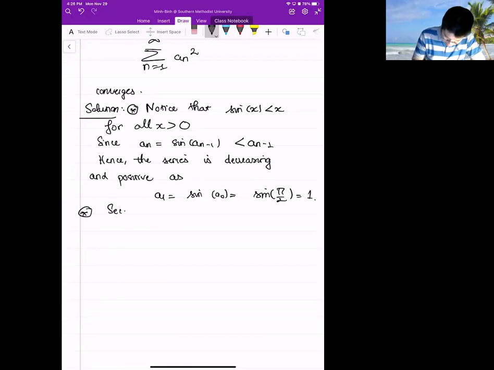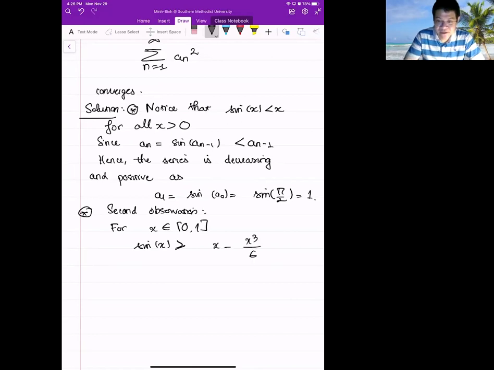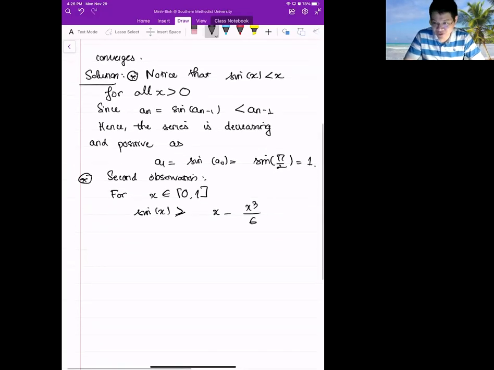Second observation. So now for x in 0 and 1, we have sine of x is bigger than x minus x cubed over 6. And this is basically the Taylor expansion, the Taylor series.